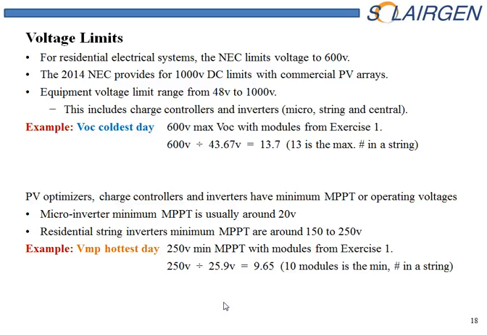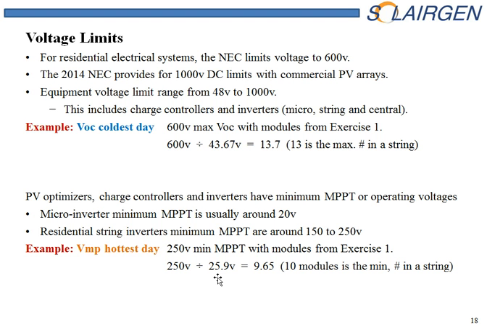It depends on whether it's a microinverter, it's going to be pretty low, around 20 volts, or if it's a string inverter for residential, somewhere between 150 to 250 is the minimum power point tracking range. And a commercial inverter may have a minimum power point tracking range around 500 volts if it's a 1000 volt rated inverter.